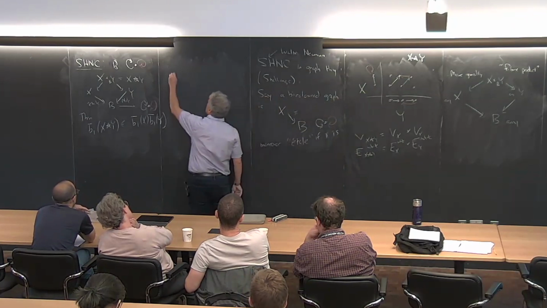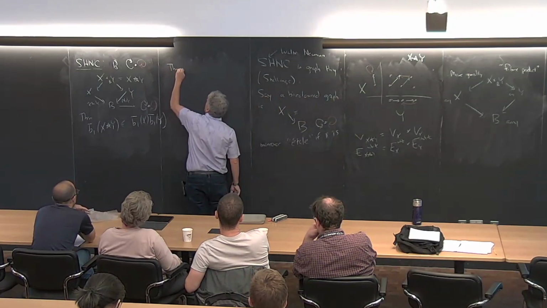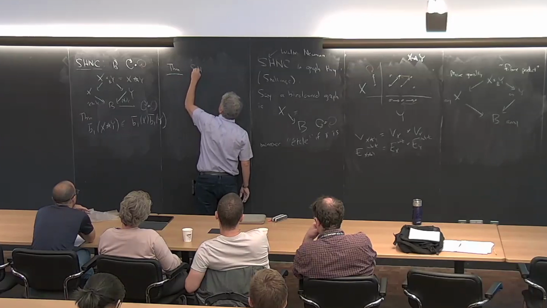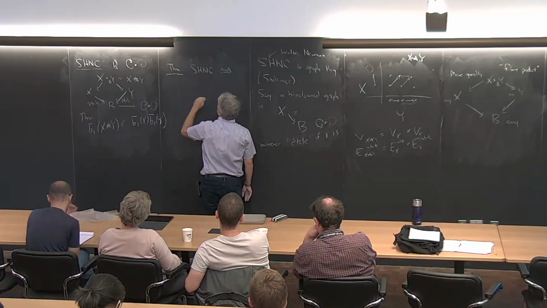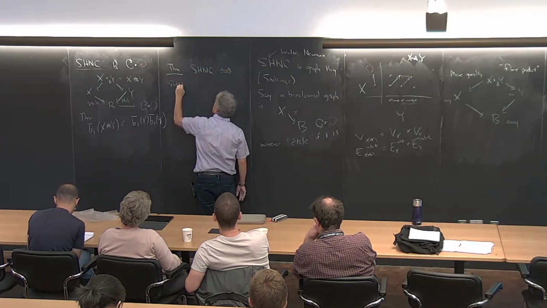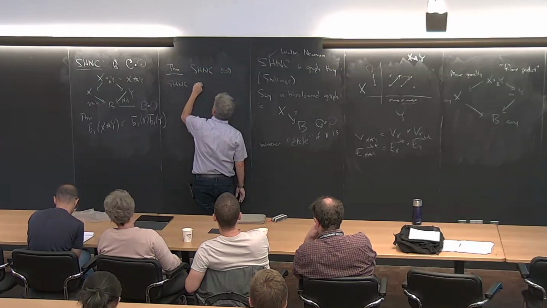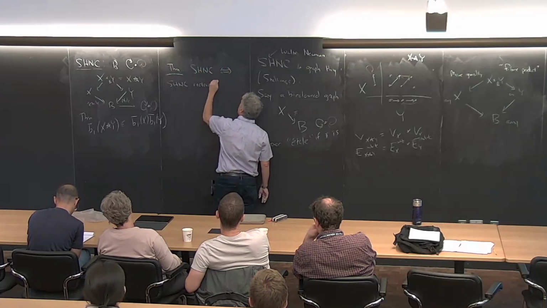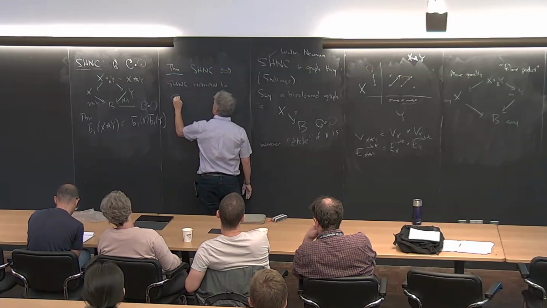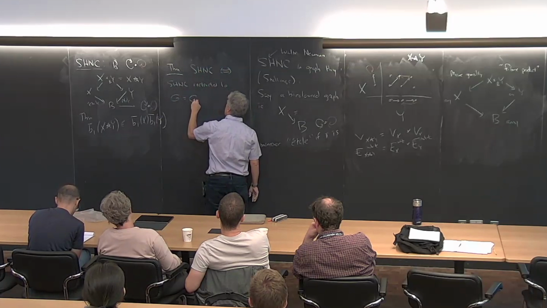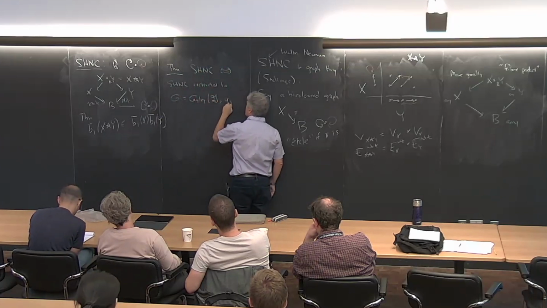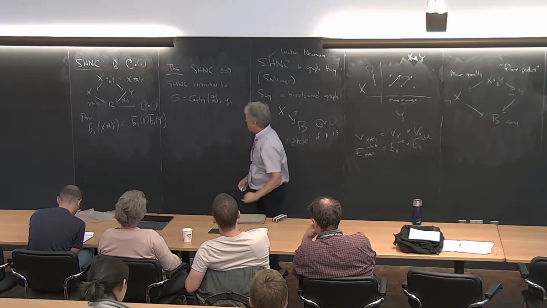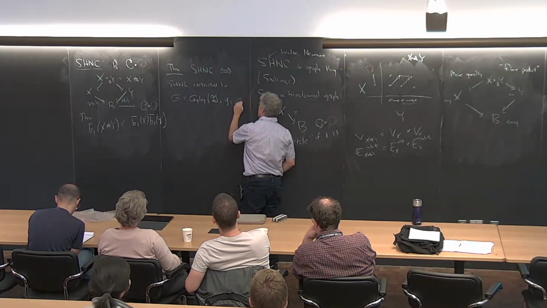So here's the first result: the strengthened Hanna Neumann conjecture is equivalent to the strengthened Hanna Neumann conjecture restricted to the following case. G is a Cayley graph on two generators, G1 and G2.